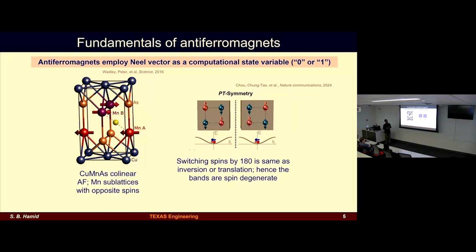And Kramers' rule dictates that for these materials, their electronic band structures are spin degenerate. That is, for up spin and down spin, their band structures are the same. So we will not get any spin-dependent tunneling or electrical signal as we typically get for ferromagnets, such as tunnel magnetoresistance. We will not see that in these materials.